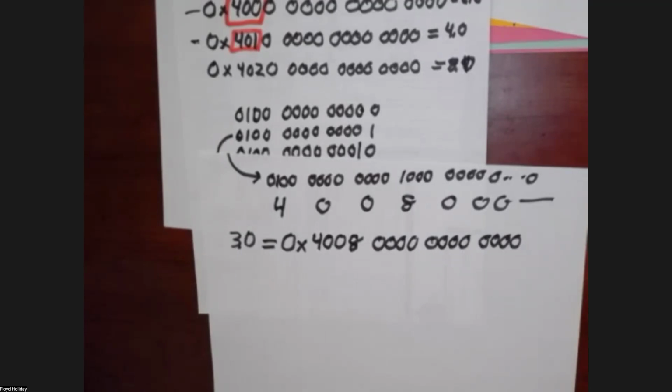Okay, what did we want? We wanted 3.0. See how you add a half. 3.0 is halfway between 2.0 and 4.0, and it results in this 8 in there.